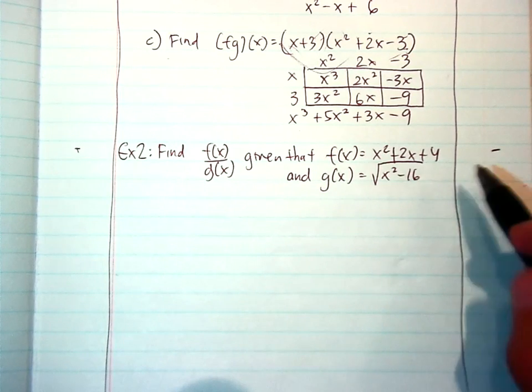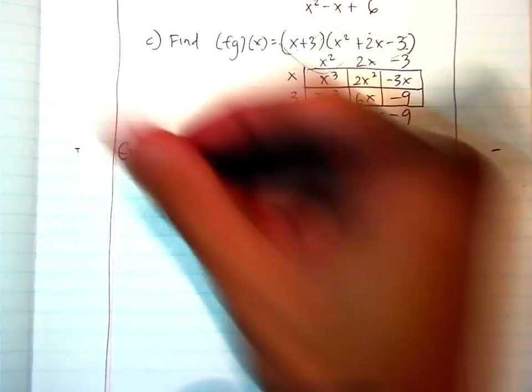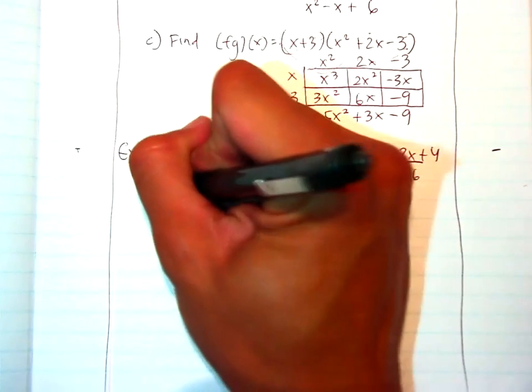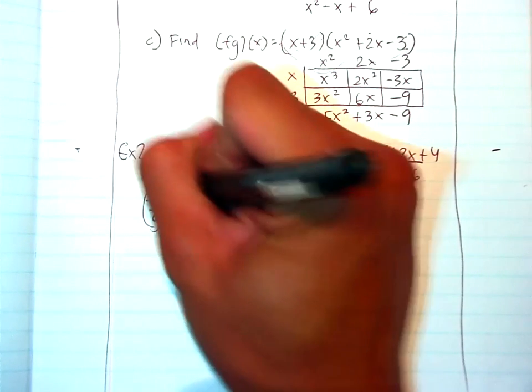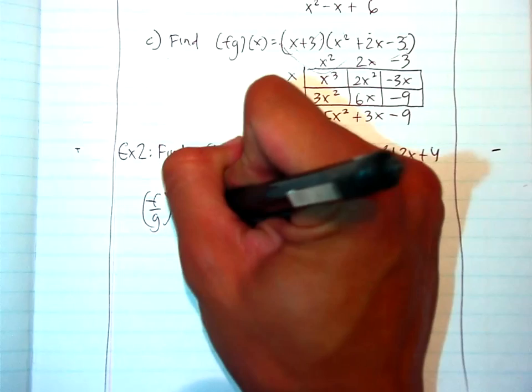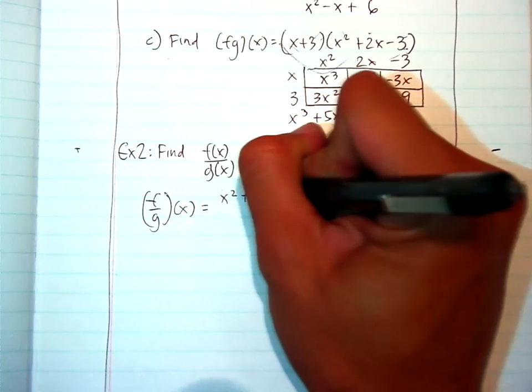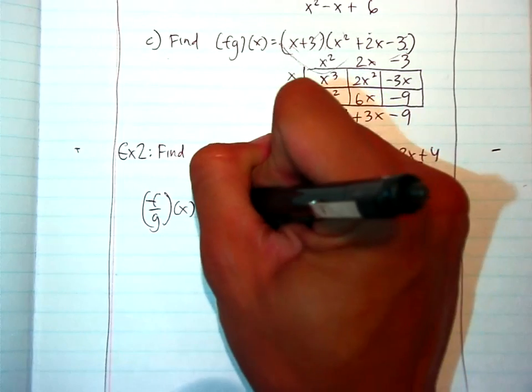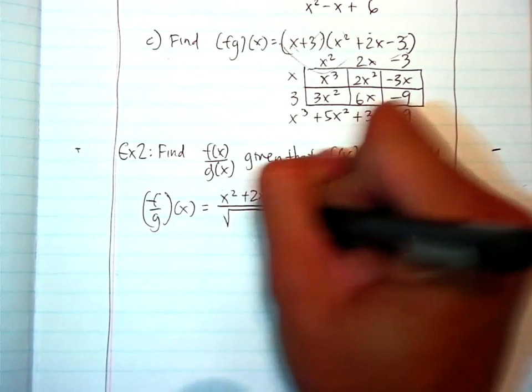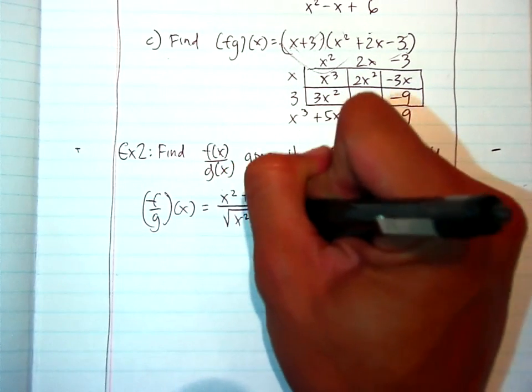Okay, so if I'm dividing, I'm literally just going to put one over the other. So I'll write in another notation. F of x over g of x is x squared plus 2x plus 4 divided by the square root of x squared minus 16.